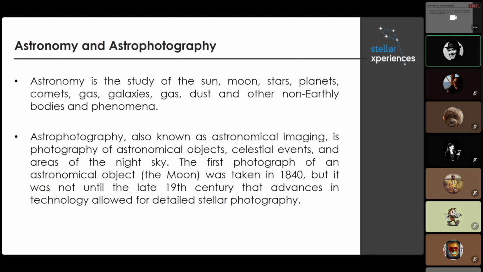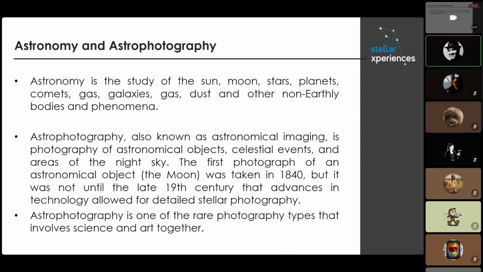The first photograph of an astronomical object, the moon, was taken in 1840. But we would say astrophotography started in the 19th century because the technology was more advanced than before.